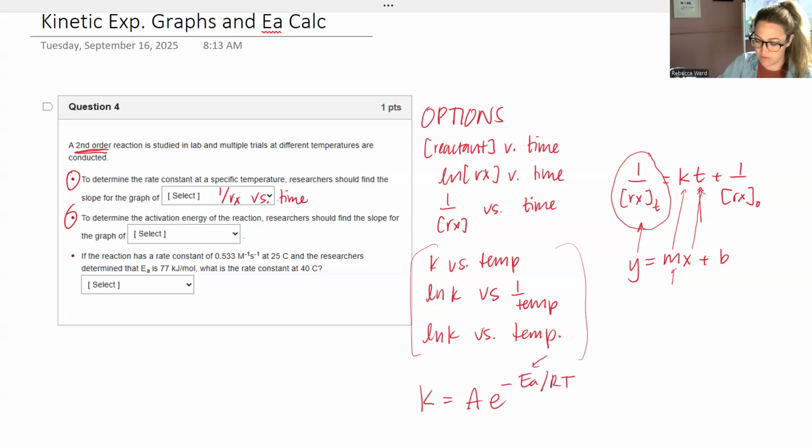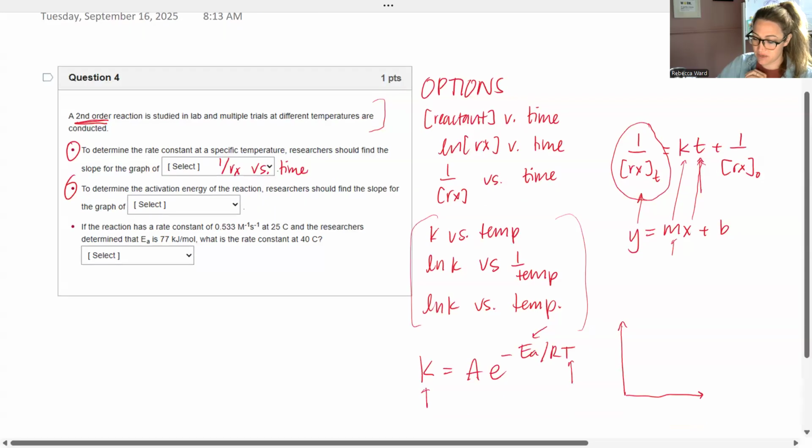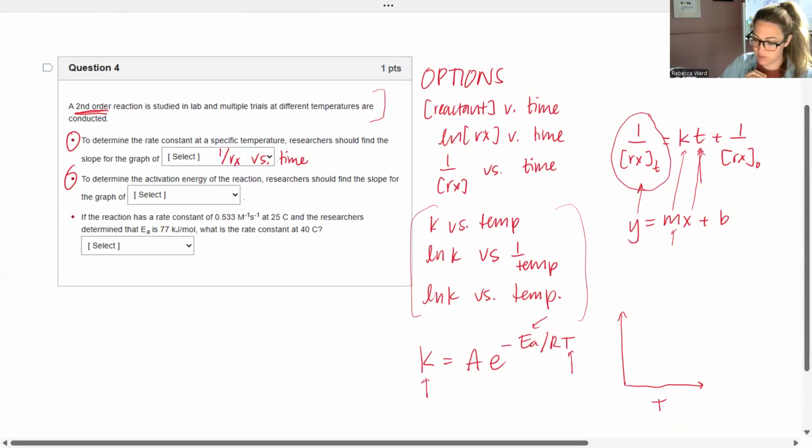We were told up here that we're finding K at different temperatures. So we've run this at a bunch of different temperatures, whatever the second order reaction is, and we've measured K at each one. So we have a set of data relating K to temperature, but if I were to just plot this Arrhenius graph, it looks like that.